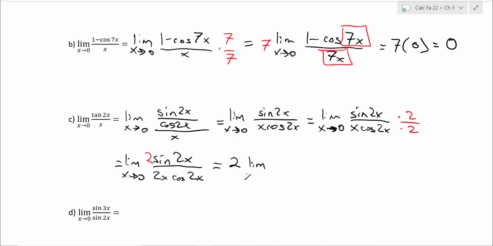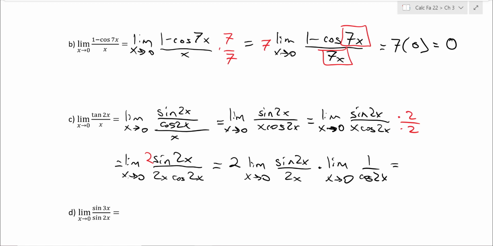So that 2 can come out front. And then we've got the limit as x approaches 0 of sine 2x over 2x times the limit as x approaches 0 of 1 over cosine 2x, right, if we split that into a product. And the limit law applies here because both of these limits do exist, so we can break it up into these two pieces.